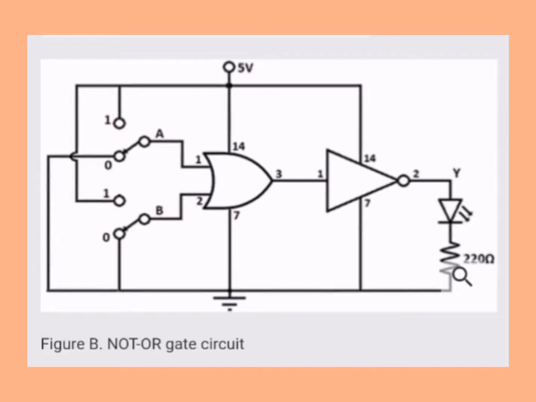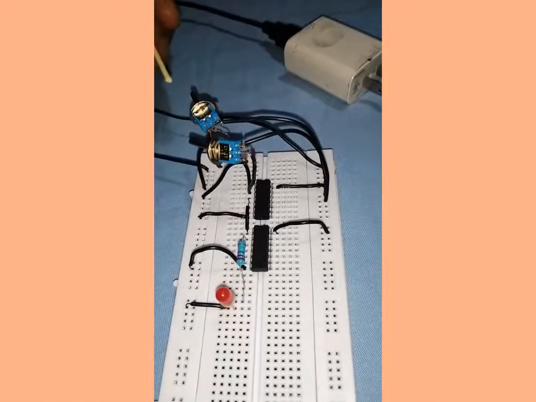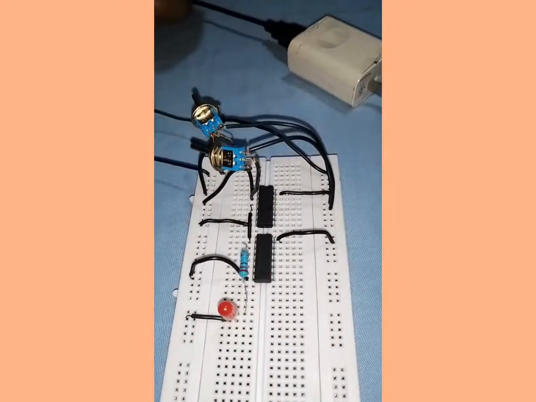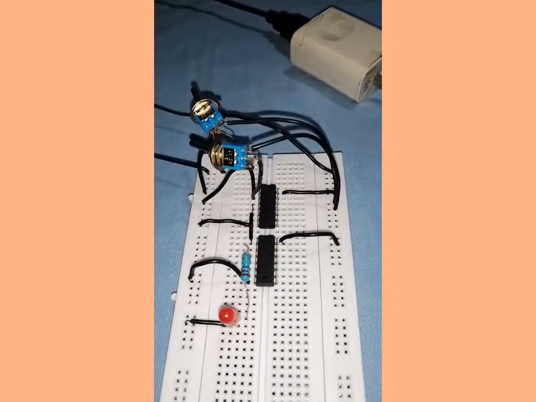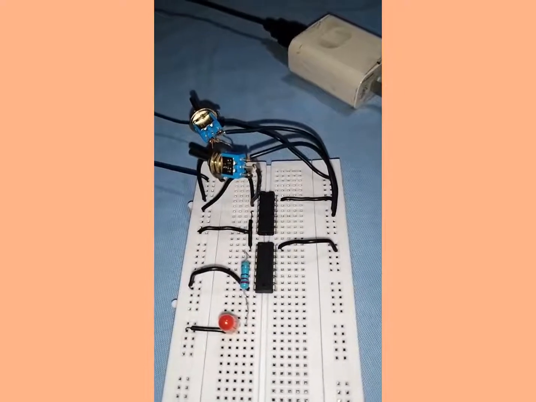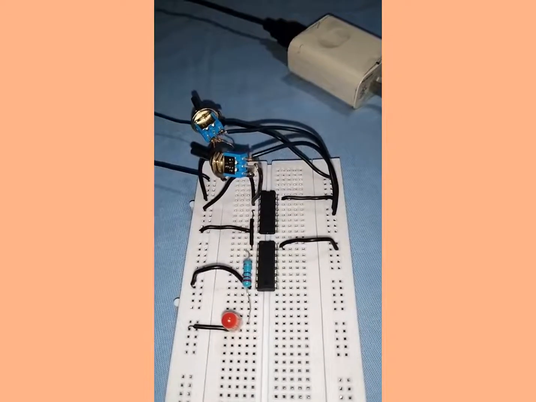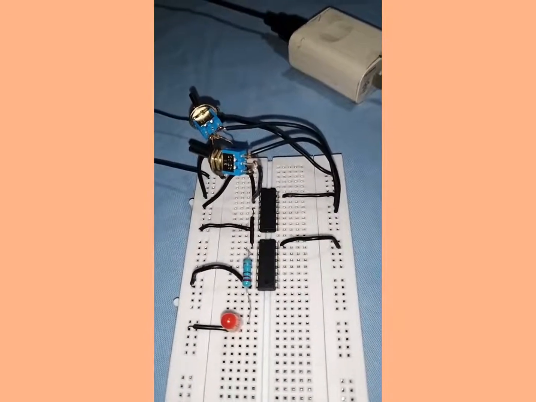Construct on the breadboard the NOT OR gate circuit shown in figure B. So now, as you can see, this is the combination of the 74LS32 quad 2 input OR gate and the 74LS04, the hex inverter gate.